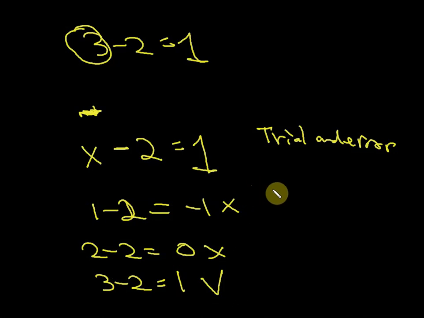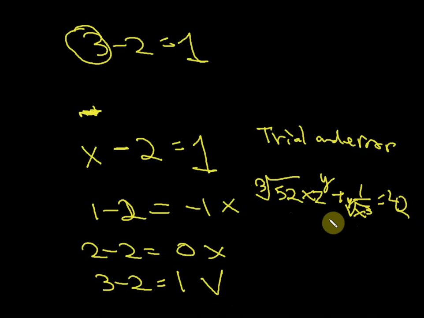But this is a very simple example. In the real world, you're going to have something crazy like this to the y power, plus 1 over square root of x to the y power, equals 42. I'll get into all these concepts later.